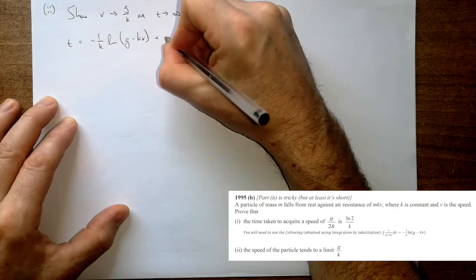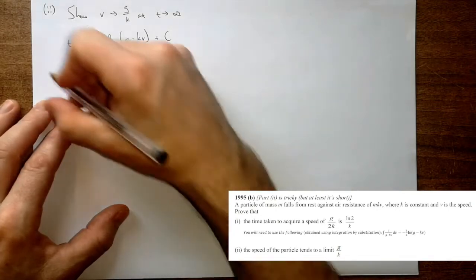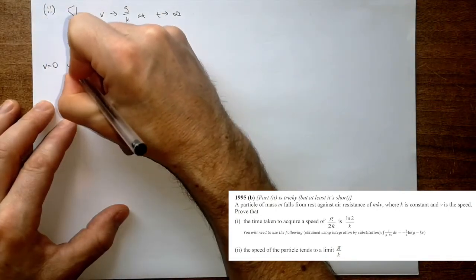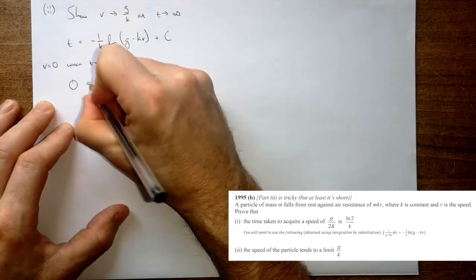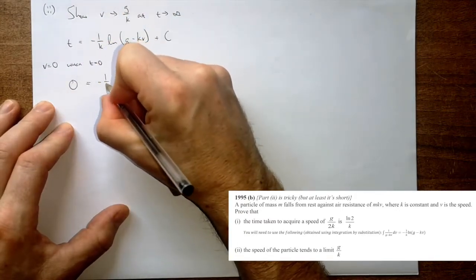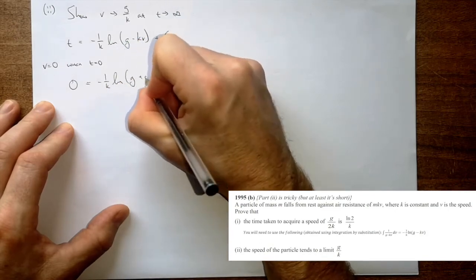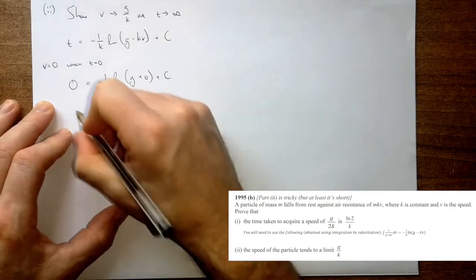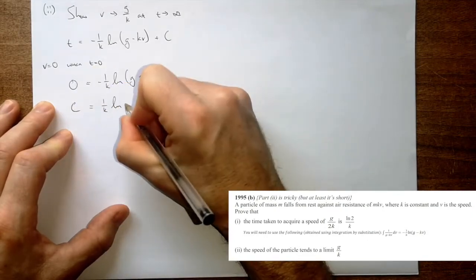Now, I probably have an irrational dislike of constants, but sometimes they're quite easy to work with, and they really are if we get a v is 0 when t is 0. So straight away we can see 0 equals minus 1 over k, natural log of g plus 0 plus c, so c equals 1 over k, natural log of g.